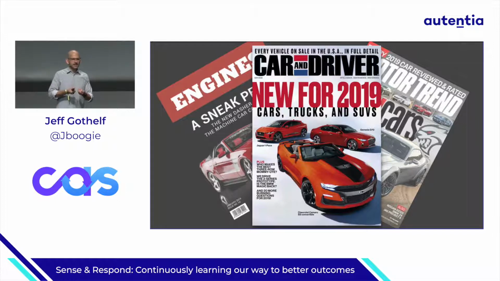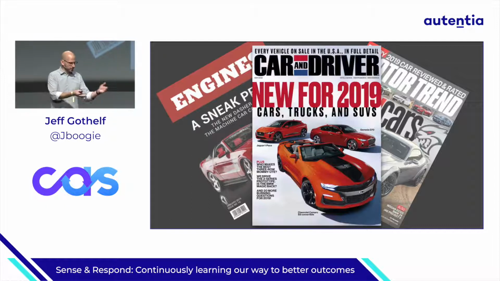We've taken this idea of the model year. Right? It took forever for us to get off of this. The model year is a marketing gimmick invented by Alfred Sloan at General Motors 100 years ago. And the reason why we have the model year is to get you to buy next year's car. Right?